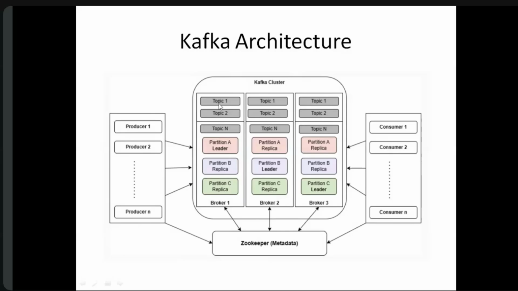Okay. So let's say, for example, there is only one partition in topic 1. Just assume I have created only one partition in topic 1 and its name is A. Similarly, I have created one more partition in topic 1, its name is B. So basically, there are three partitions I created.